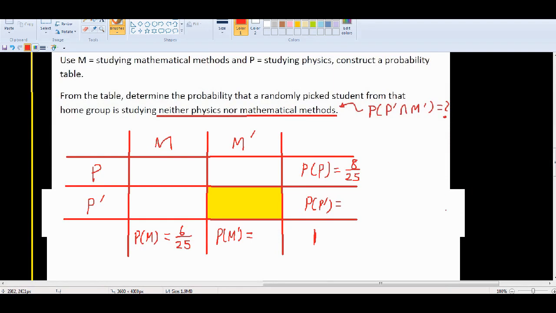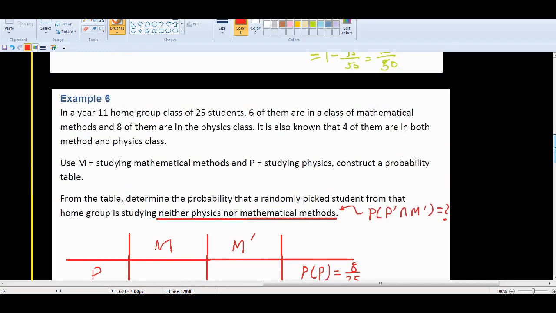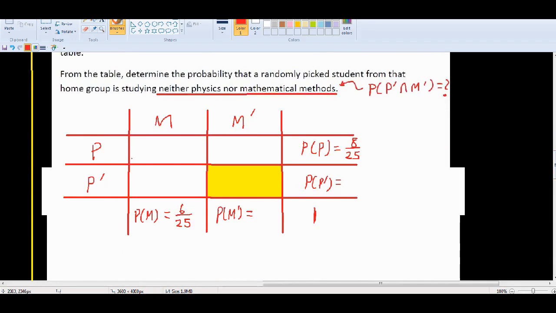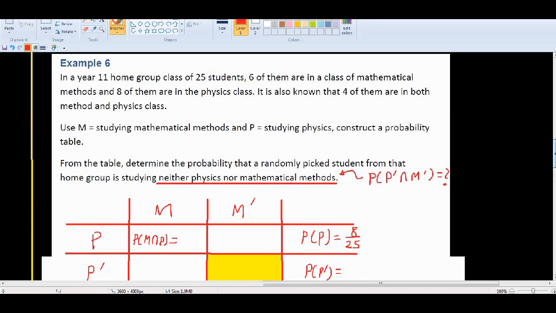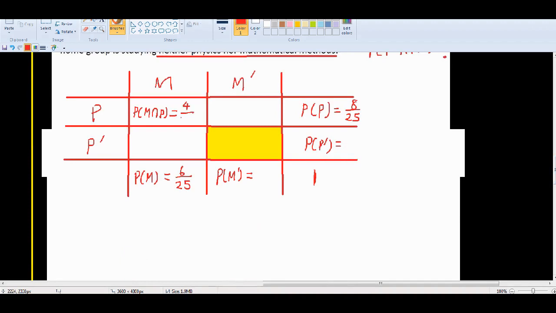And we also have 4 of them in both method and physics class. So it should be here. That's method intersect physics, and there should be 4 of them. So that's 4 over 25.